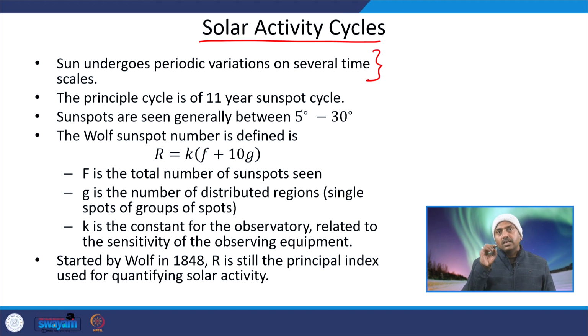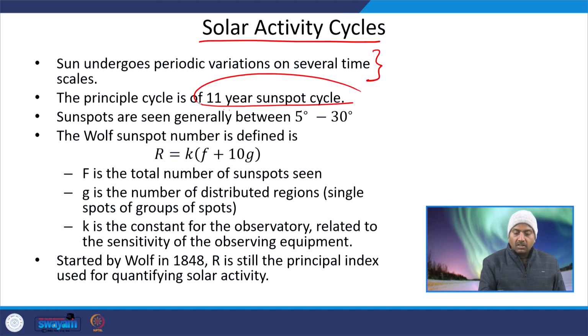This concerns any particular sunspot, any particular emission or any active region on the sun. If you want to track its movement, it is approximately 27 days that you can see it occupying the same place, watching from the earth. And then you have the 11-year cycle, then the 22-year cycle. So many other time scales exist. The principal cycle of all these is the 11-year sunspot cycle.